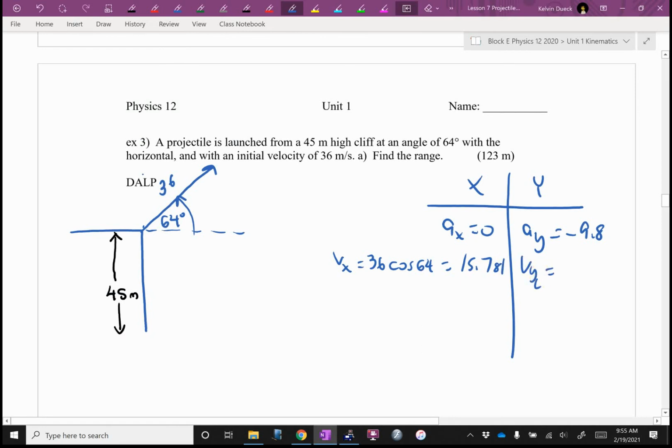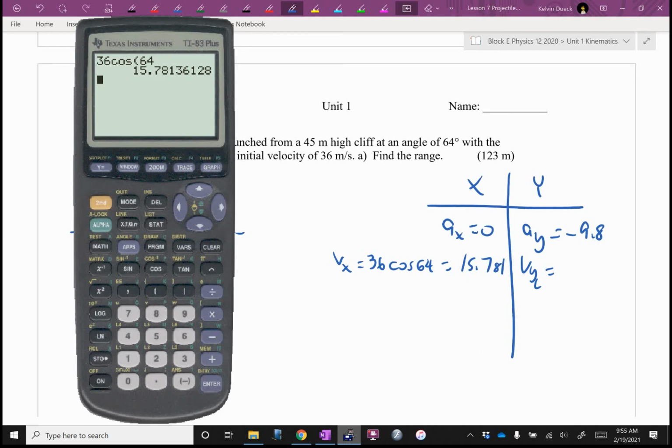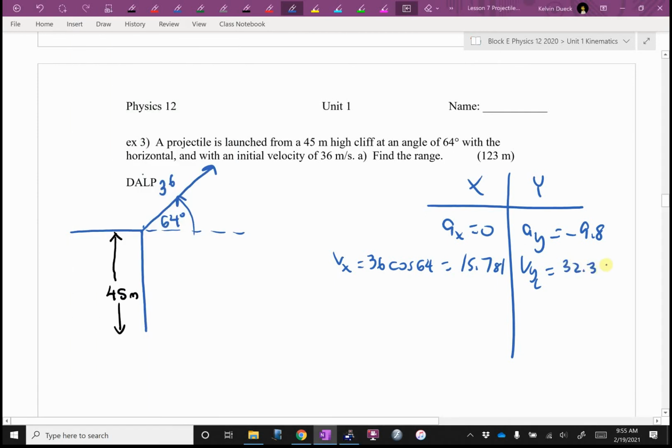Which trig function is Vy initial? Jack, which trig function is Vy? Good. So that's going to be, I have no idea, 32.357, if I round off properly.